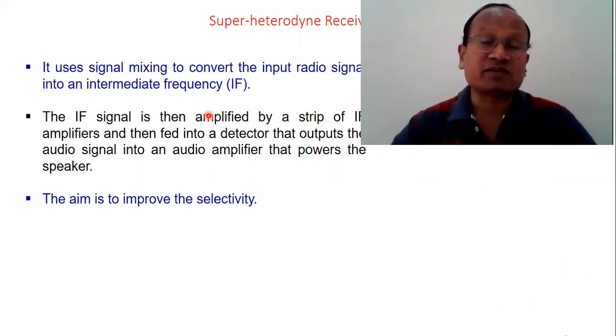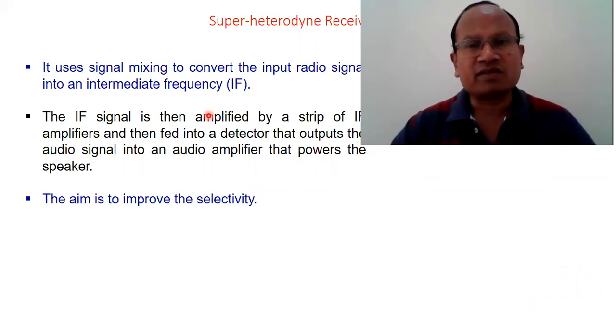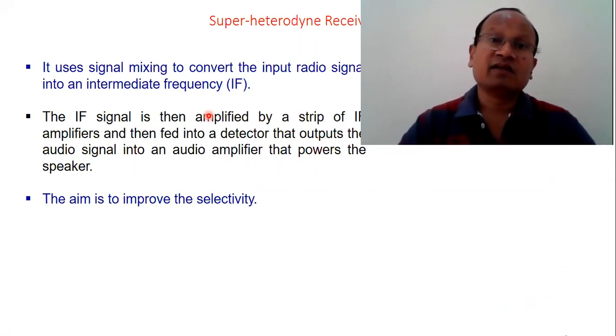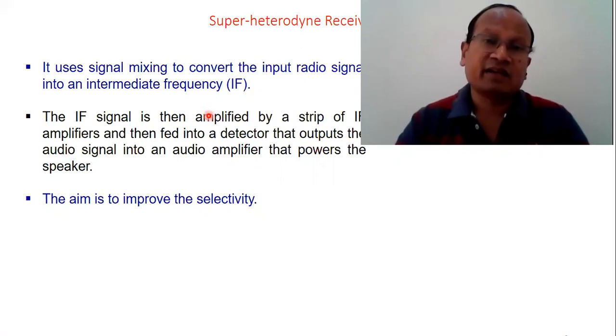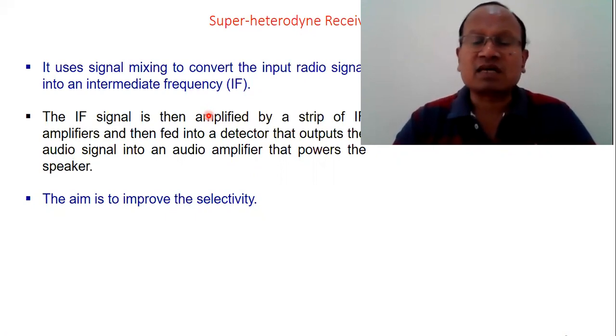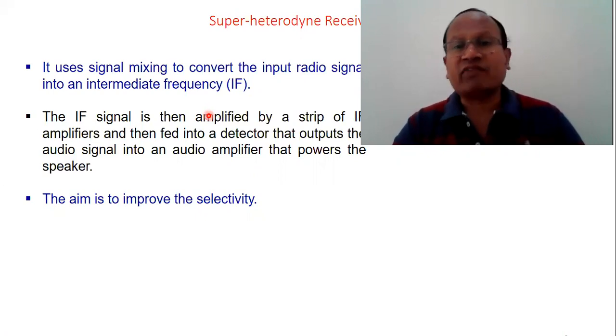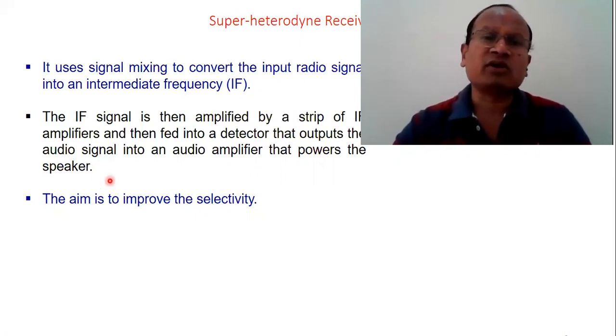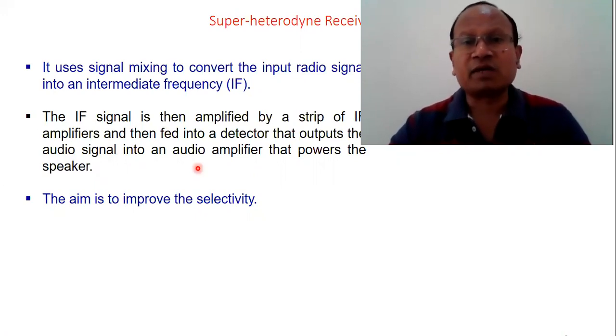And then, of course, please remember, whenever the signal passes through any electronic circuit or signal processing circuit, the strength definitely is affected. So that IF signal which is generated by the heterodyne process is subjected to the IF amplifier. Then it is fed to the detector. After passing through the detector, we recover the audio signal.